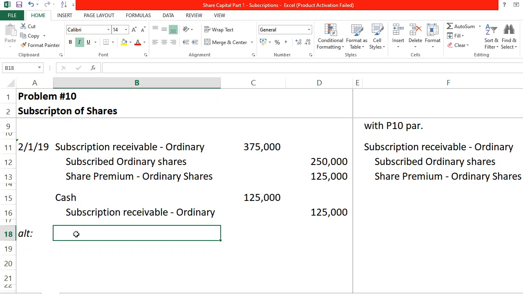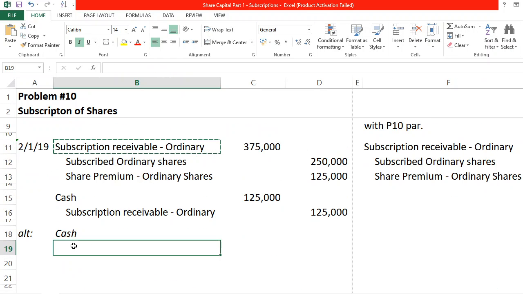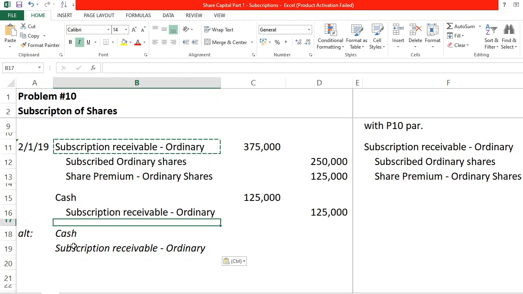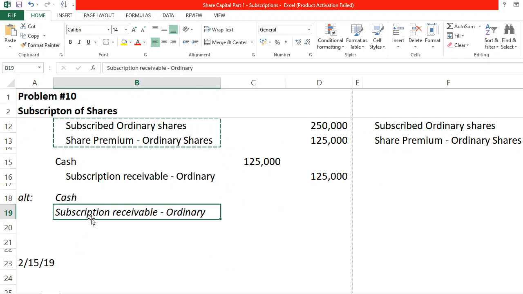If we combine them, that's a simple debit to cash. This is just an alternative. If you don't have the first two entries, you could record this one. But if you already have these two, don't record this anymore, otherwise the information becomes redundant. So you have cash and then subscription receivable, ordinary, and then we just have to credit this too.